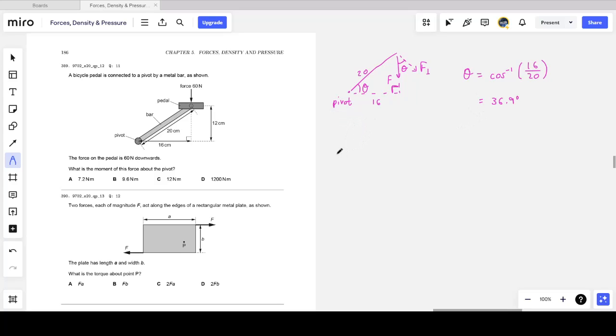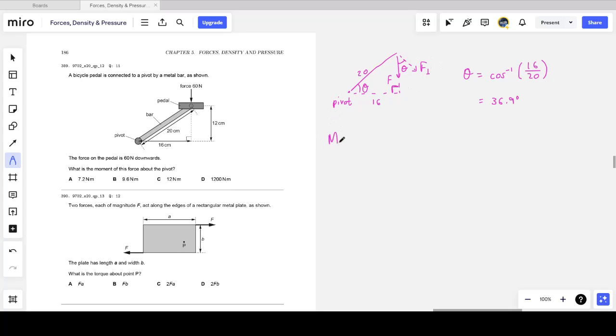So now that I have the angle theta, great, how do I find the moment of the force? Now the moment of the force: there's going to be a component parallel to the bar, along the bar. That's obviously not going to make the bar rotate. But the component of the force that is perpendicular to the bar, what I've labeled as F perpendicular, that's going to cause the moment.